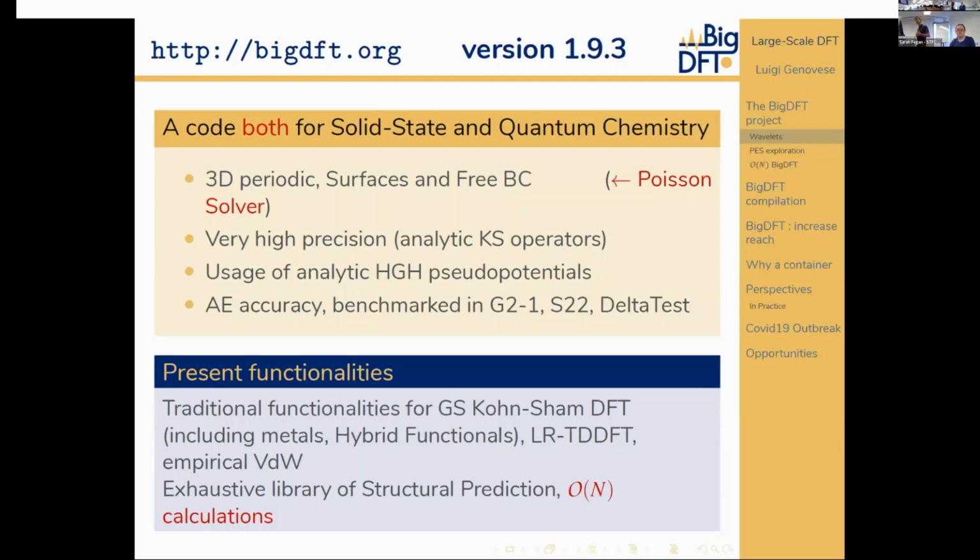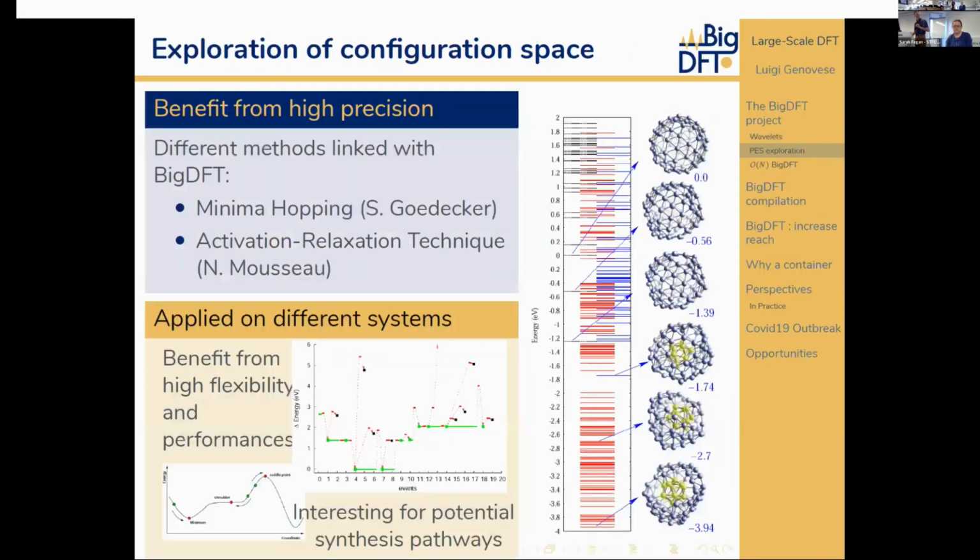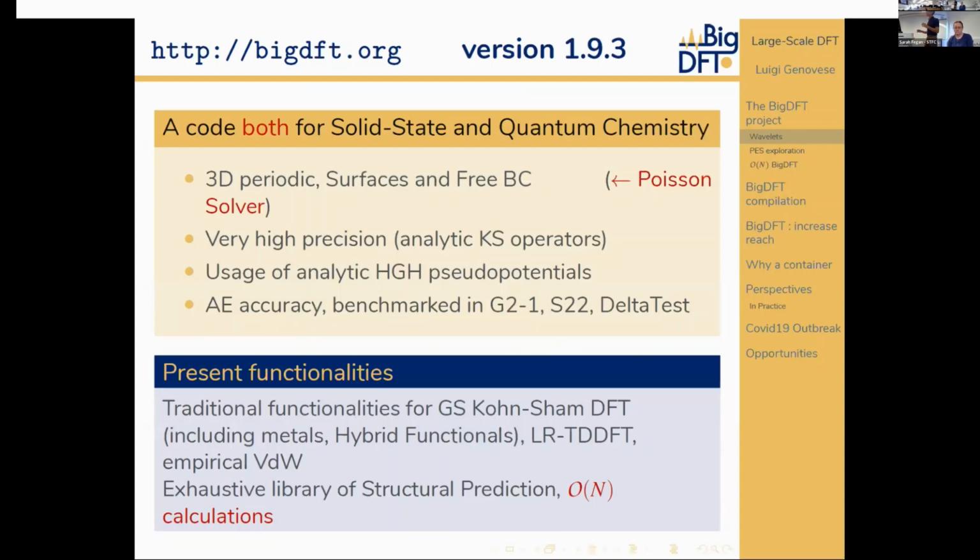And one of these functionalities is what we named the linear scaling part of the code. This name is related to the fact that the overall computational time needed to perform a computation in those approaches is not in general scaling linearly with the number of atoms. What happens in general is that if you want to double the size of your system, for those kinds of codes, you need 8 times the computational power.